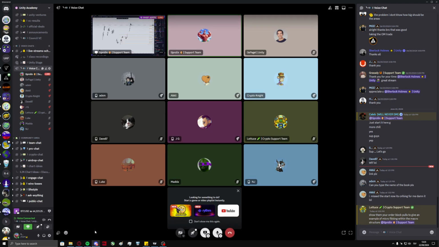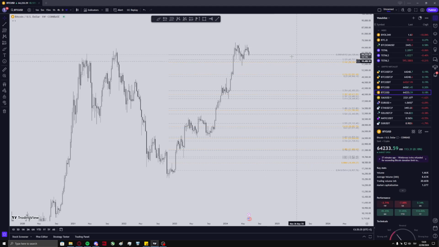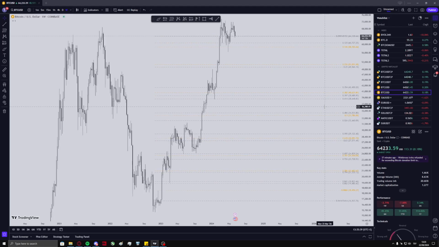I'll do that later. I just want to explain the basic fibs first. Then I'm going to go into more detail on what I actually use. So first you want to get your numbers correct. The main numbers are the ones in orange, right?